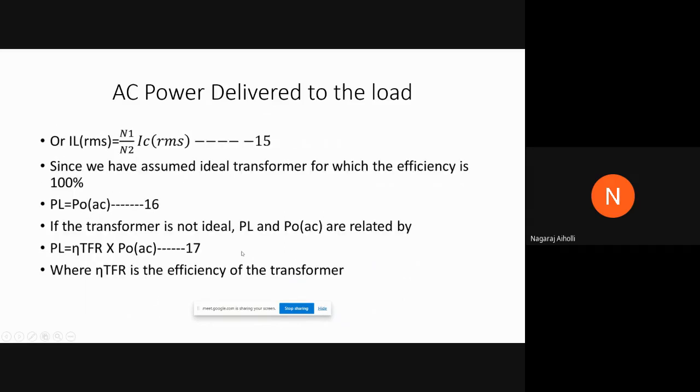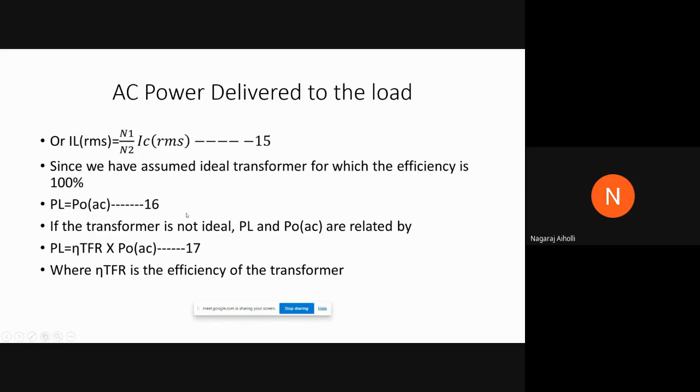As we have assumed the transformer to be ideal, the efficiency will be 100%. That means, as I told you all, the meaning of 100% efficiency is that the load power is equal to the output power. The load power at the secondary is equal to the output power at the primary.